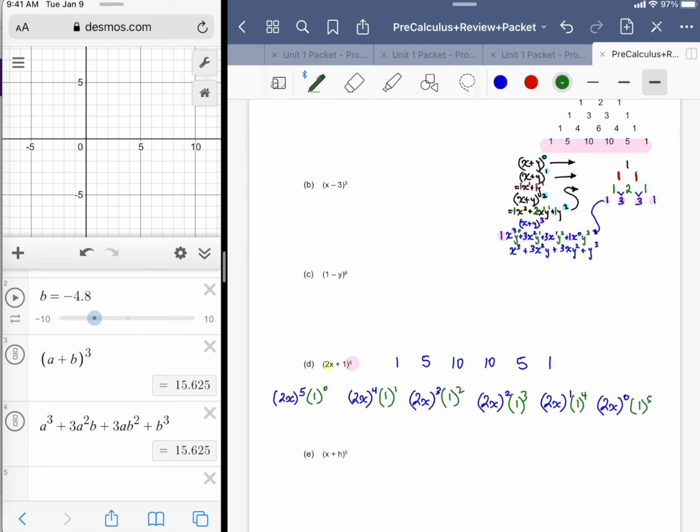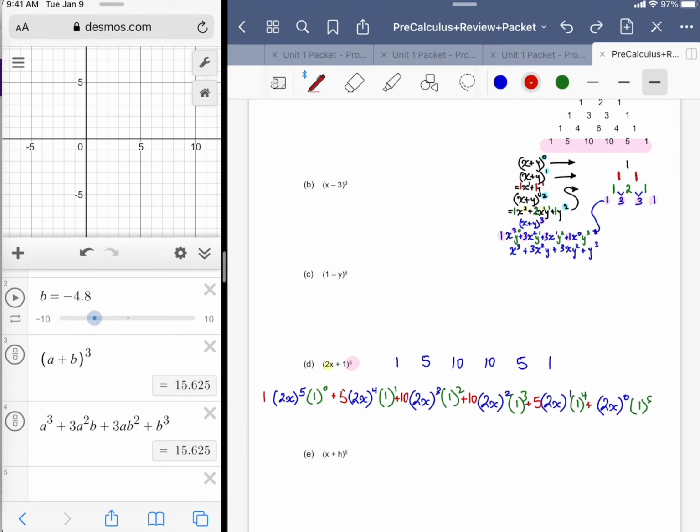So I've taken care of my variables. Now I'm just going to pop in my coefficients: 1, positive 5, positive 10, another positive 10, another positive 5, and another 1.